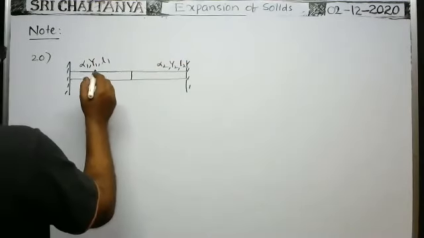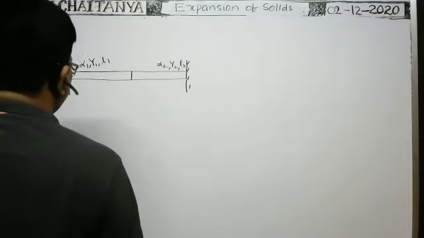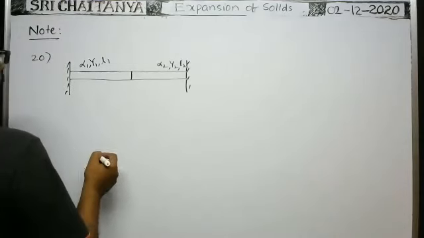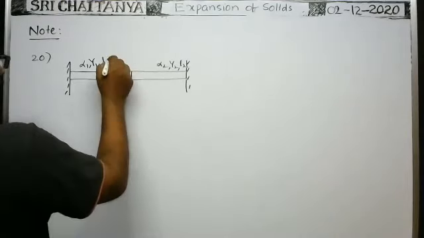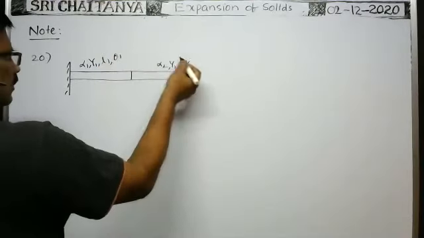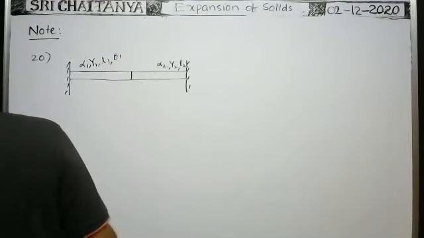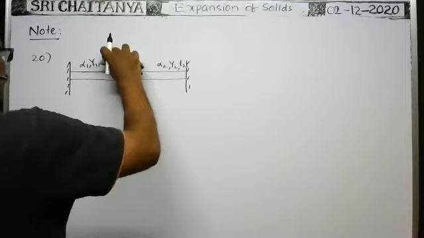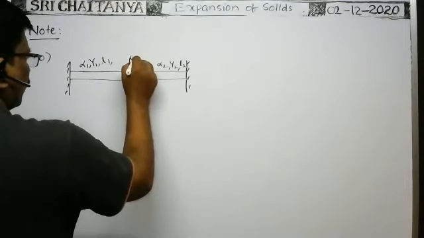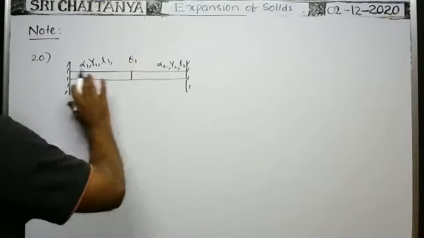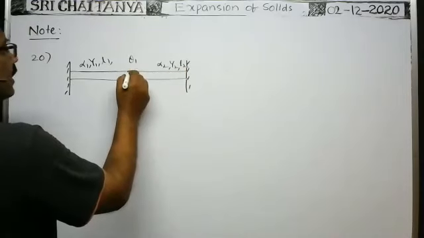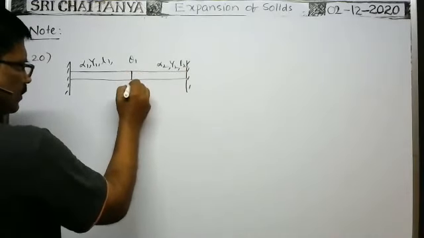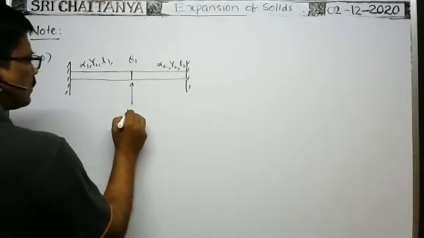At a temperature theta 1, or T1, initially, this is the composite rod, and this is the interface. It is the interface.